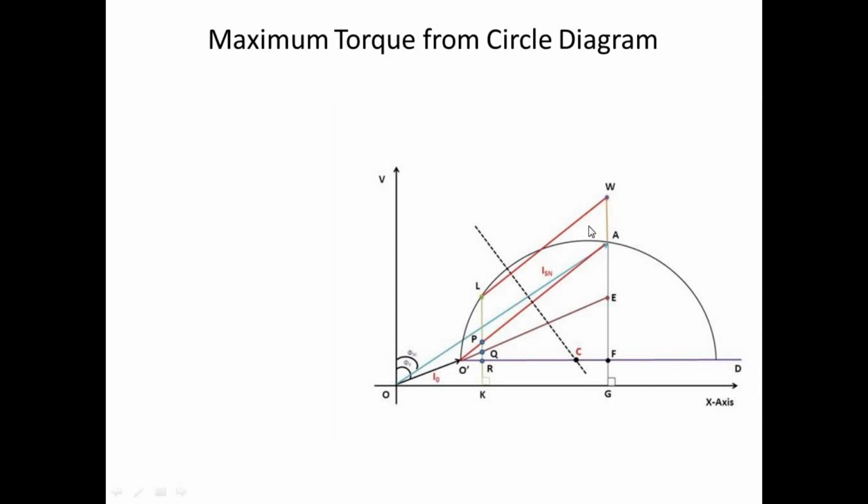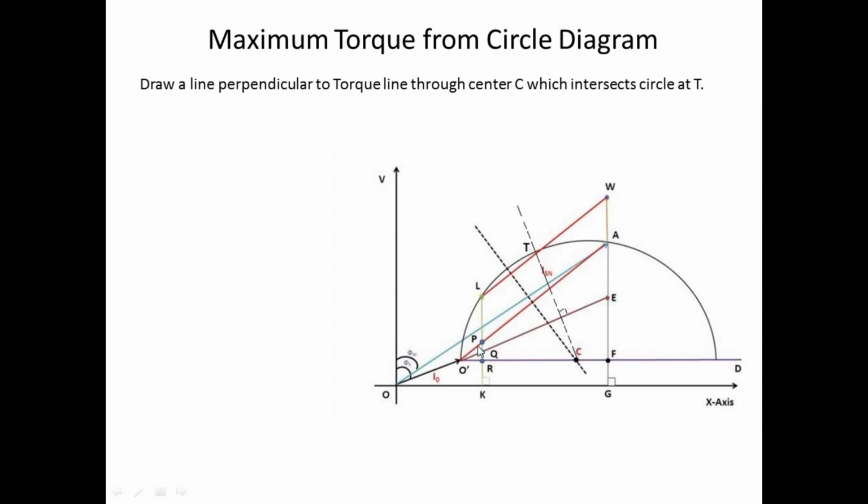For finding this point, we have to consider the torque line, and draw a perpendicular line to the torque line through C. So this line is perpendicular to O dash E, that is the torque line, which passes through C, and let this line intersect the circle at T.